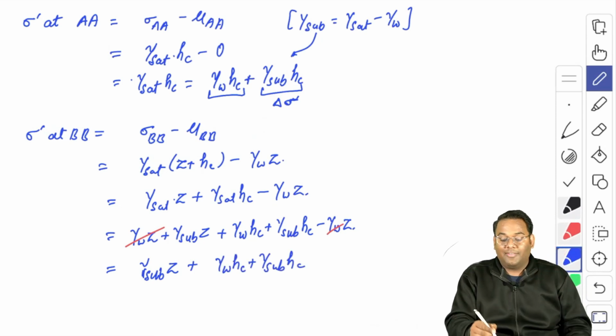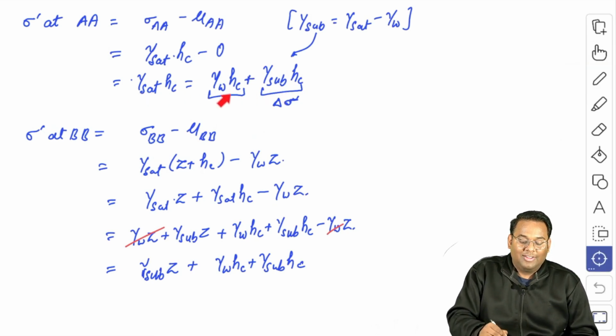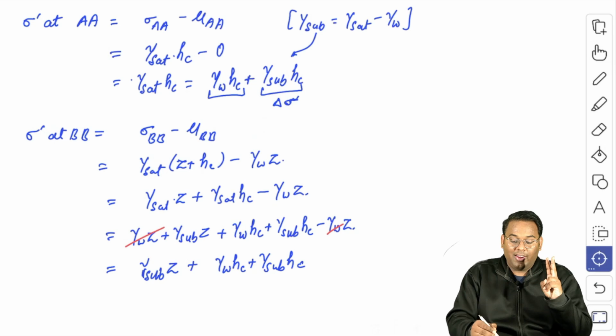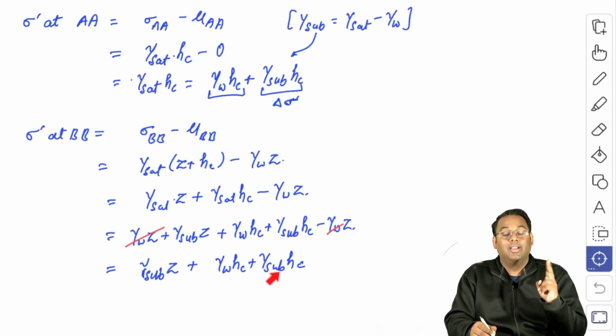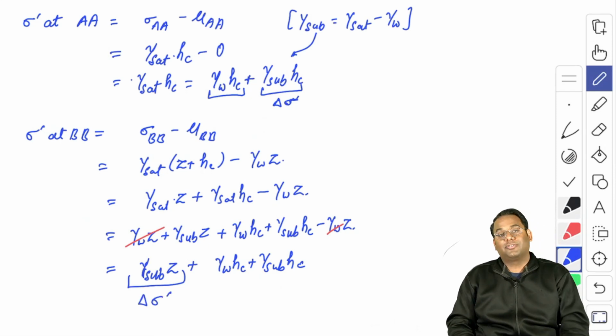Now compare the values of effective stress at AA level. So these two terms were present already. These are the same two terms. Whereas what is the increased value? So the increased value is nothing but gamma submerged into Z. So this is your increase in the effective stress.